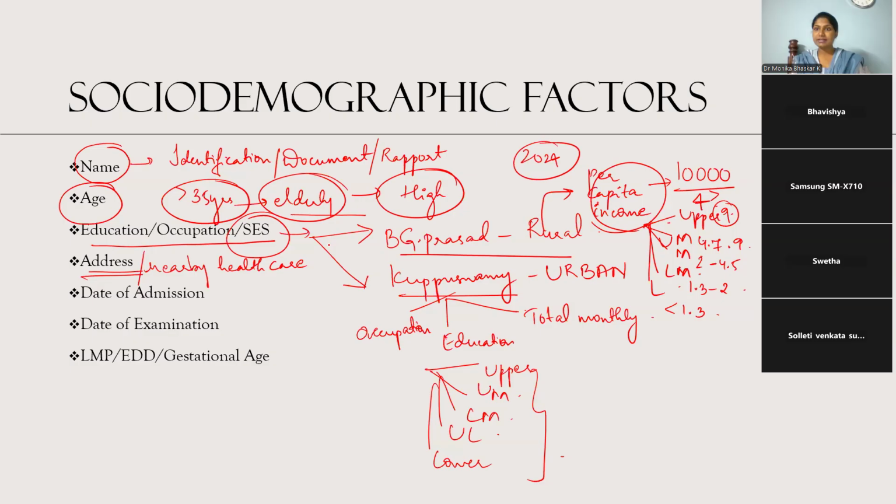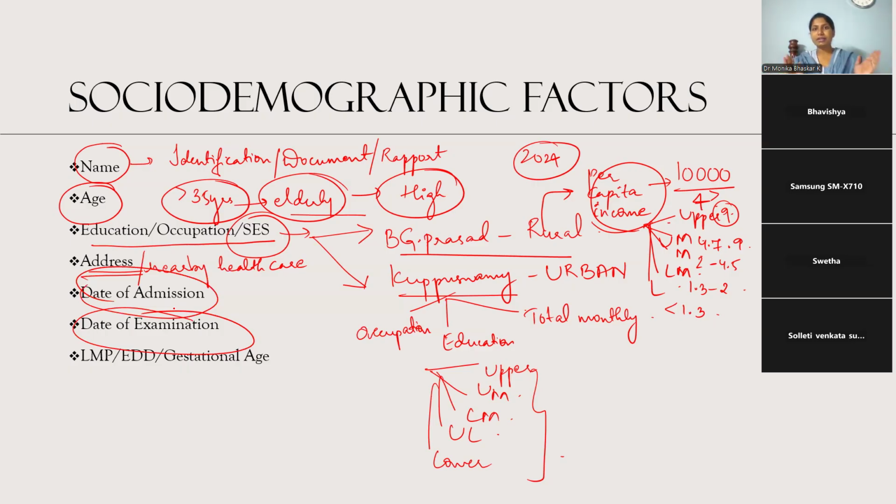The next important information we have to gather is the date of admission. Why are date of admission and date of examination important? Because whenever the woman gets admitted to the hospital and you examine her on a different day, for example, today she has come with palpitations or easy fatigability, and after 4 to 5 days you examine her and ask her chief complaint. She tells that I had come with easy fatigability, but now I'm comfortable.